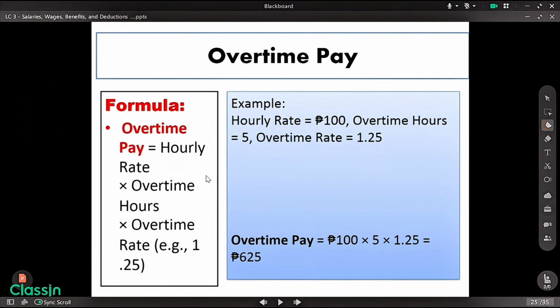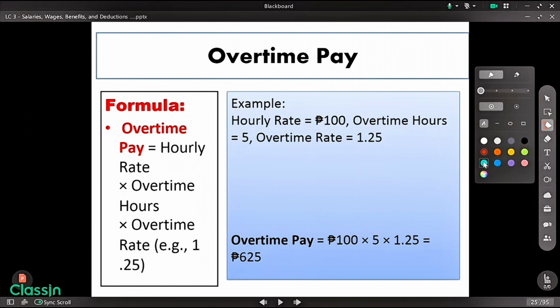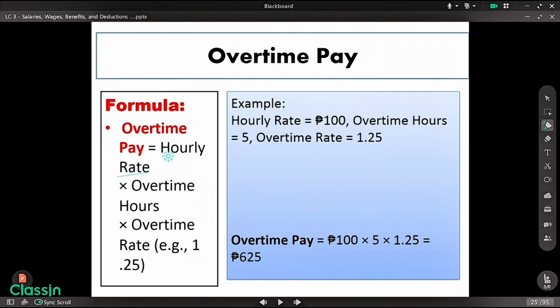So we just need to multiply the hourly rate times overtime hours times overtime rate. So 100 pesos times 5 times 1.25 as our overtime rate. The answer is 625 pesos.